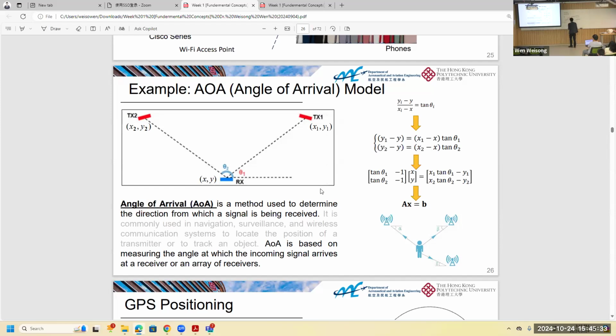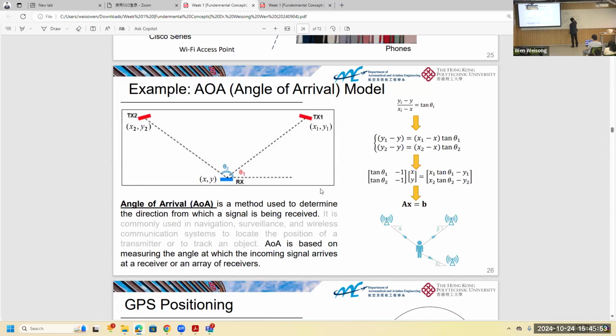For example, if the distance is denoted by r, then for P1 it should be equivalent to y minus the line.